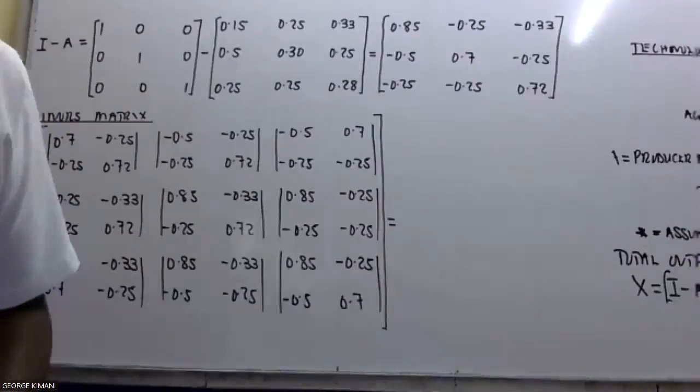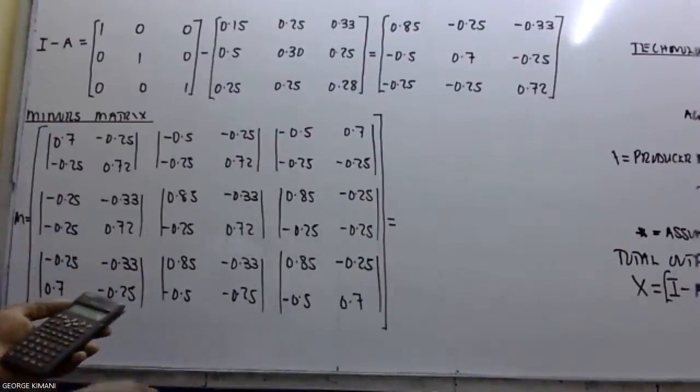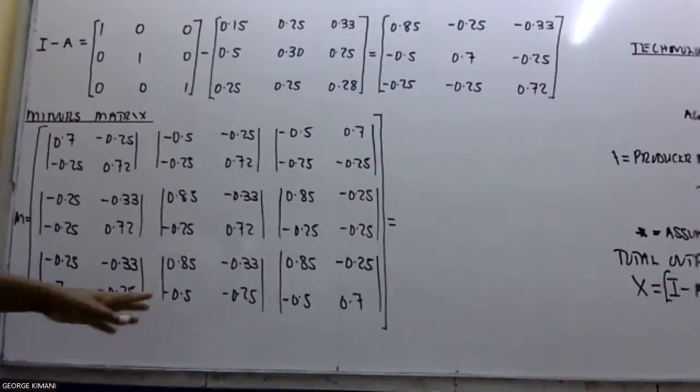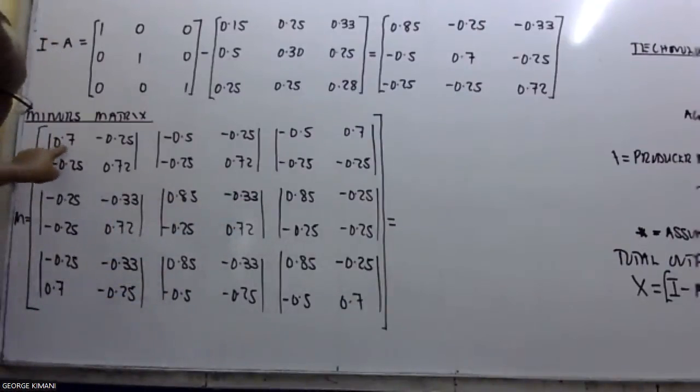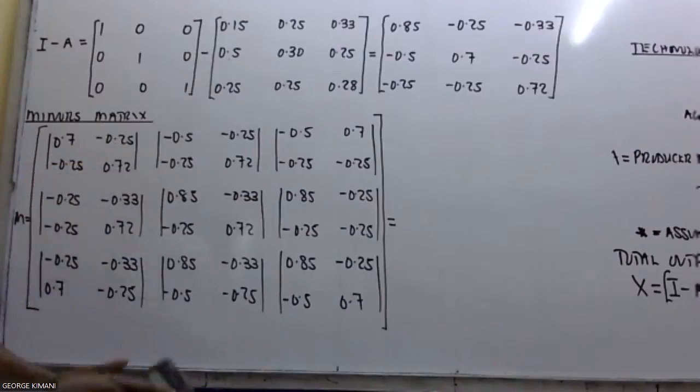Okay, I have it. Do that determinant. Now determinant is easier when you sit on major diagonal, so you multiply them, and then sit on minor diagonal to multiply to calculate.